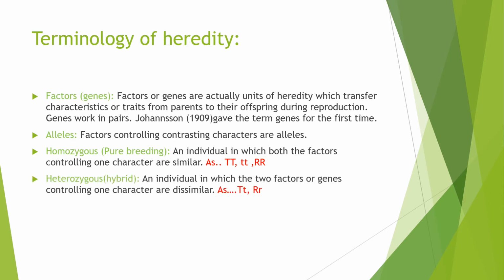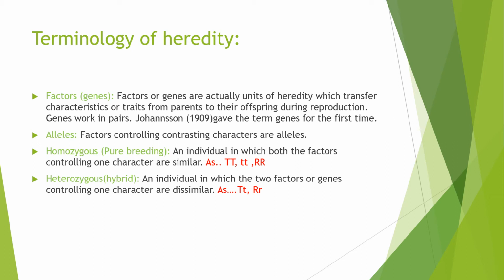Now the next one is heterozygous or hybrid. If we have taken a character and the two units are different from each other, it means the alleles are different. An individual in which the two factors or genes controlling one character are dissimilar, like capital T and small t I have taken. So capital T and small t are dissimilar.